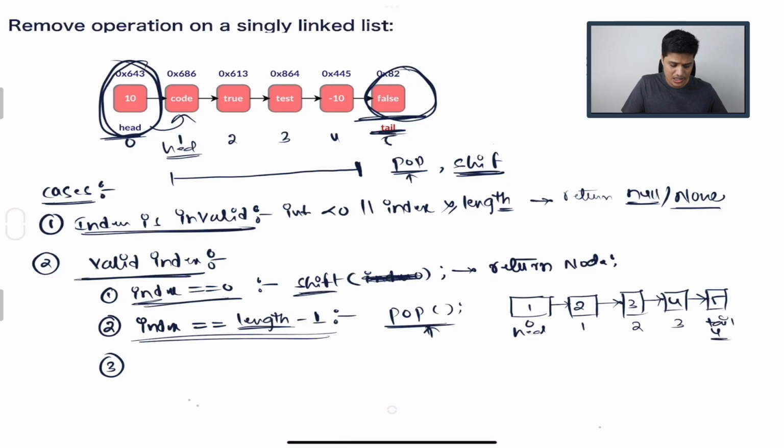Now we have already understood when the user passes the index 0 and when the user passes index 4, we have already handled those scenarios. Now our worry is if the user passes an index from 1 to 3, right? Now let's assume that in our implementation the index that is given by the user is 2. So we have to delete this node with the value 3 because it is at index 2.